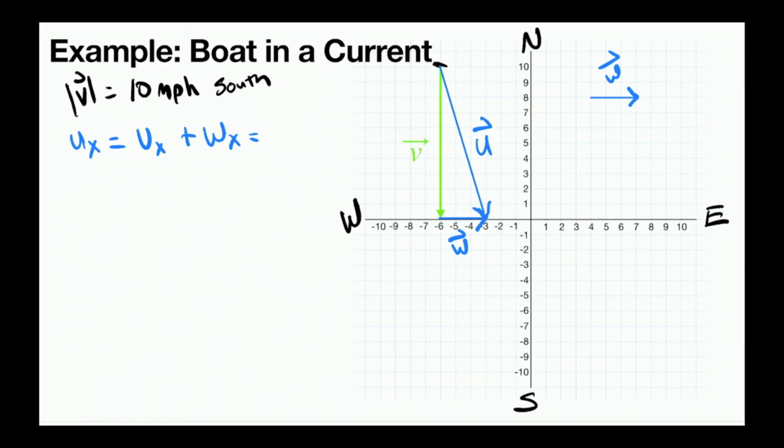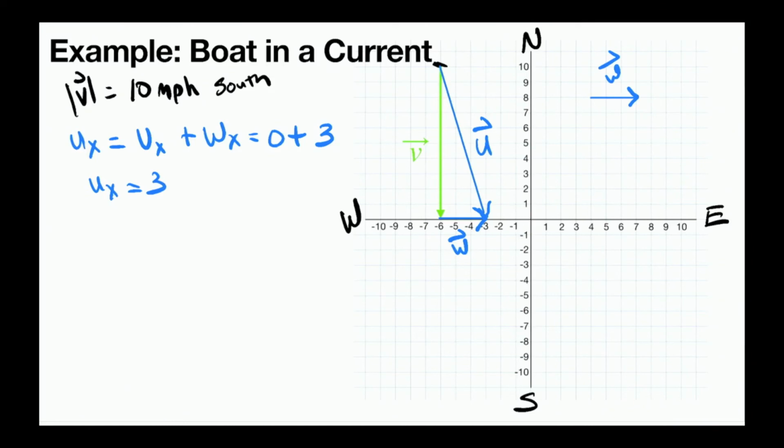Well, if we look at it, it's at -6 the whole time. So its x component is 0. All right, it's going just straight along the y-axis. The x component of w, we start at -6, end up at -3. It's moving in the positive x direction, so that's just a positive 3. All right, so our x component of u is 3.